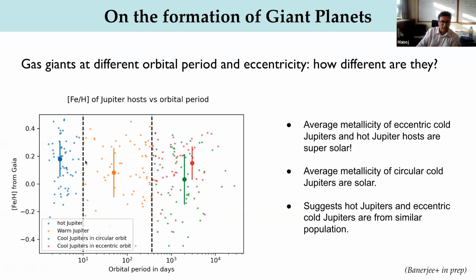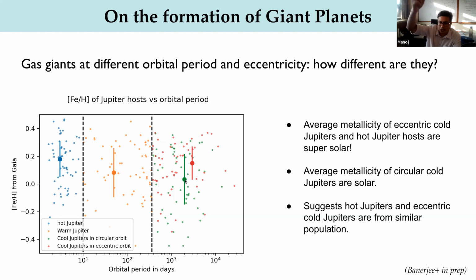The second, middle bin we call the warm Jupiters, between 10 days and 365 days. And the last bin is the classical Jupiters, like in our solar system, beyond 1 AU, with orbital period greater than 1 year.